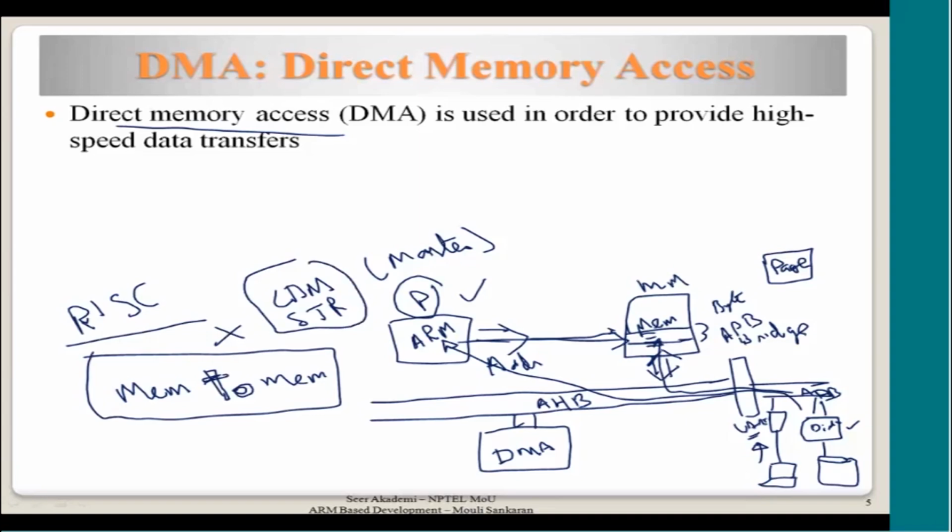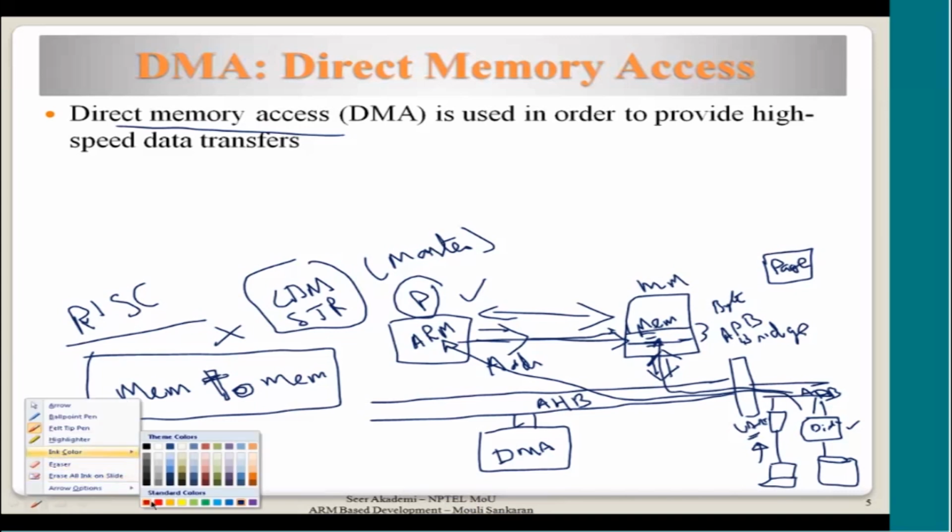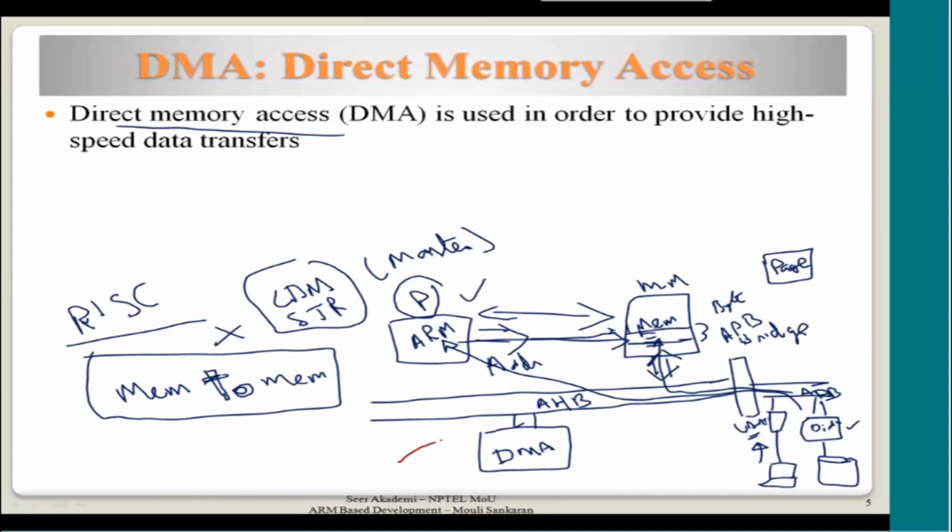That also transfers to and fro between memory and register. But our intent is to get a few blocks of data or a page of data into memory, from peripheral to memory. That cannot be done directly unless we introduce a new block in the discussion. That is called DMA.